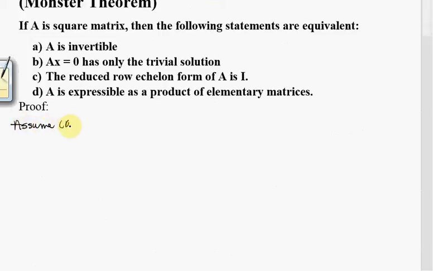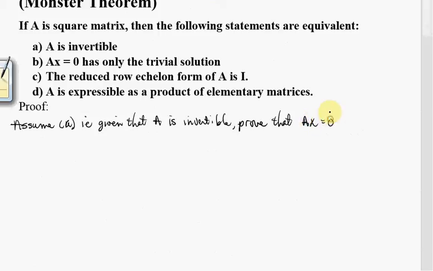So here we assume, that is, given that A is invertible, prove that AX equal to 0 has only the trivial solution.